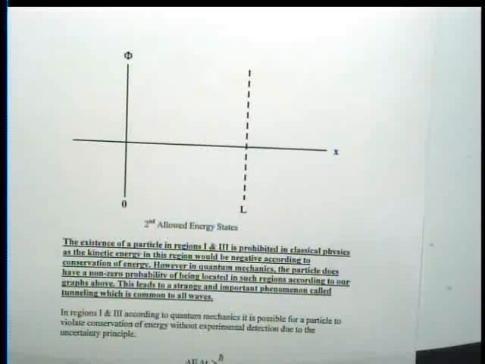That second allowed state should look something like what the particle in a box looks like if it had an infinite well. So if it had an infinite height, how many humps would I expect to have in the infinite well for the first excited state?